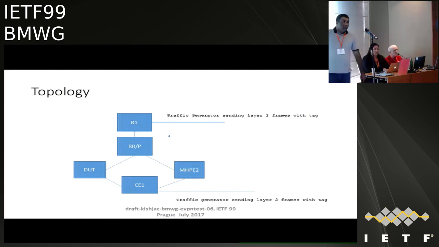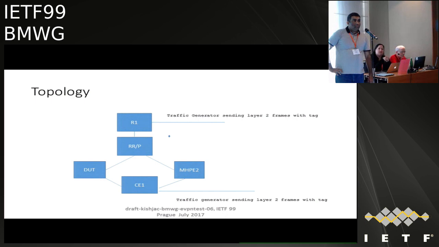All I was saying was that when you measure, what you're measuring is the advertisement of the withdrawal of the ESI and the invalidation of all the MACs, such that you now center them on MHPE2 in an active-backup scenario. That ESI withdrawal, we are not benchmarking. It's a learning rate. You can add that as one of the trigger benchmarks.